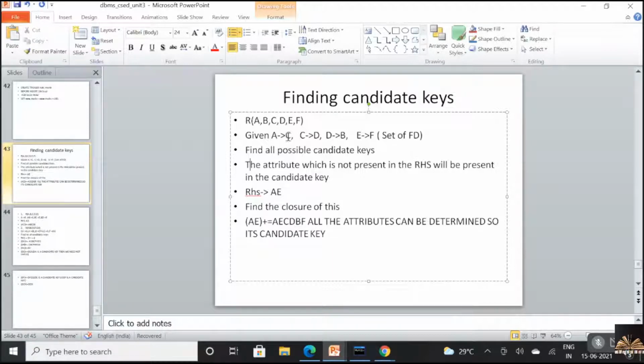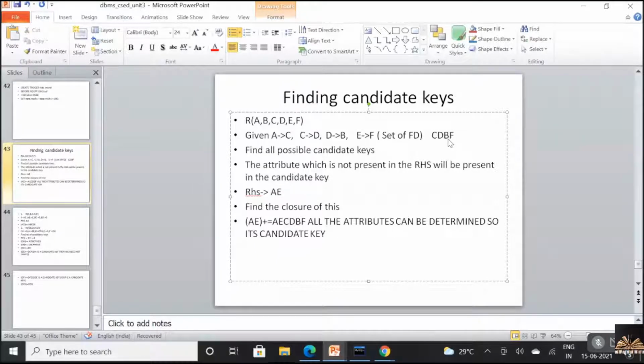I'm given 6 attributes, A, B, C, D, E, F. Out of those, I've got B, C, D, and F on the RHS of the FDs. C, D, B, and F are on the RHS.